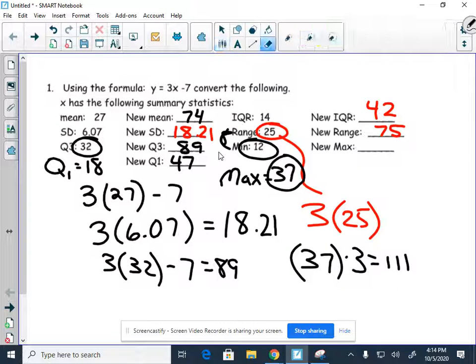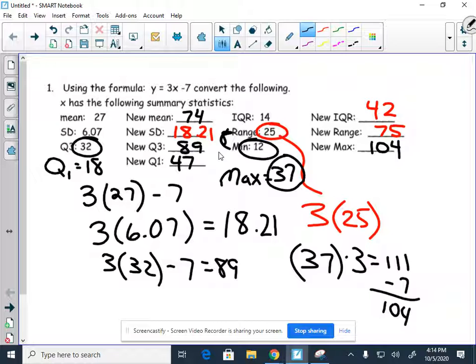And then we subtract 7. So notice the ones in red, those are measures of spread. Those aren't affected by shifting.